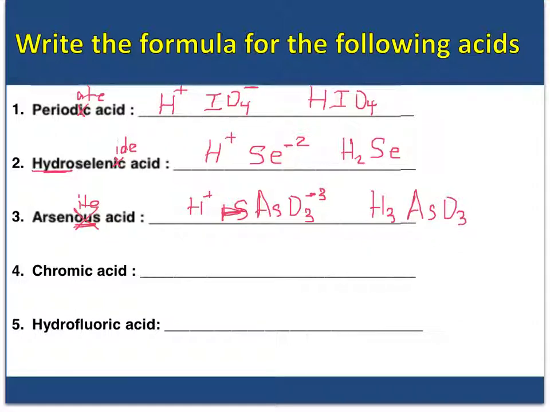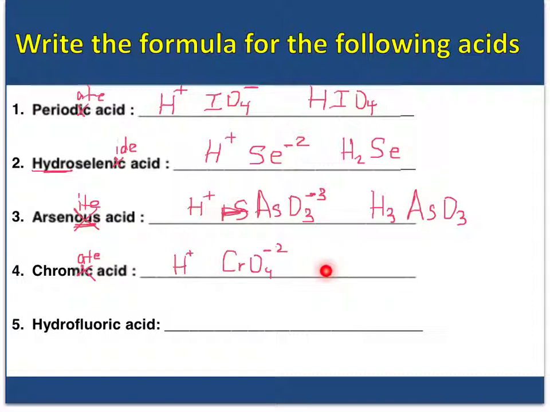Chromic acid, again, this is polyatomic because we do not have hydro, so we drop the ic and we add back ate, so that's chromate. So you're going to look up chromate. We start with hydrogen, and chromate is CrO4 minus 2. Then we need to balance our charges, make sure our positive is equal to our negative. We need 2 of the hydrogens because we're going to do the crisscross method.